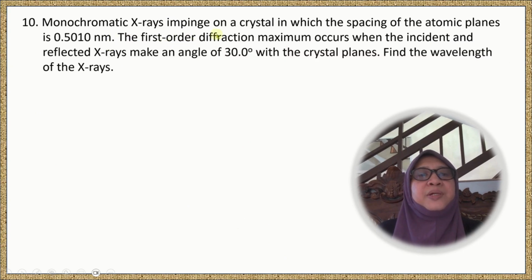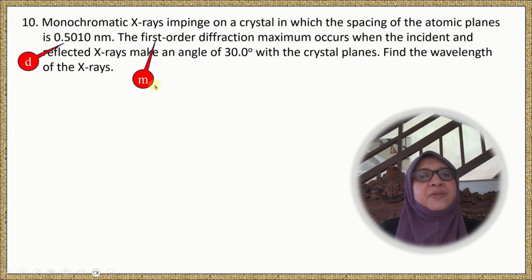Monochromatic X-rays impinge on a crystal in which the spacing of the atomic planes is 0.5010 nanometer. The first order diffraction maximum occurs when the incident and reflected X-rays make an angle of 30.0 degrees with the crystal planes. Find the wavelength of the X-rays. So you are given d, 0.5010 nanometer.